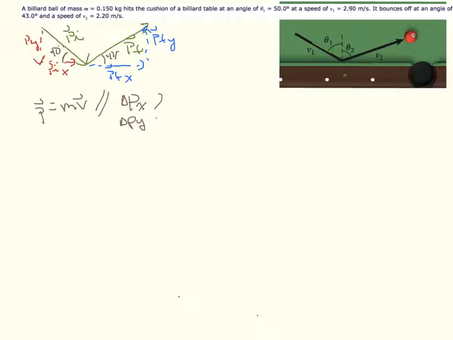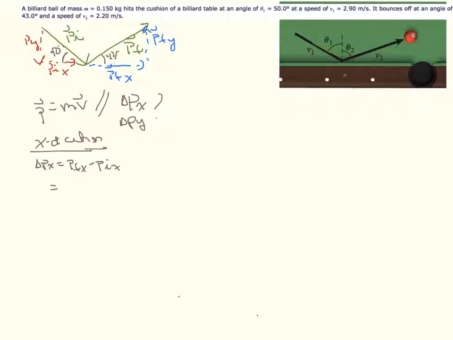Okay, so what do I have in the beginning for my x direction? So let's start with x direction. I know that the change in the momentum in the x direction is defined to be the final in the x minus the initial in the x, right?